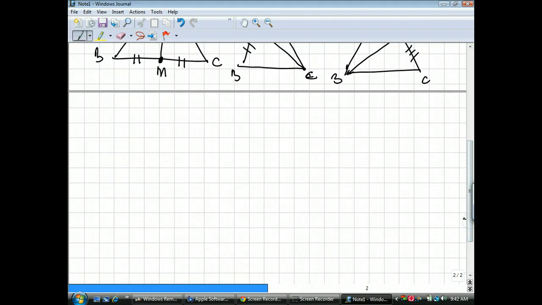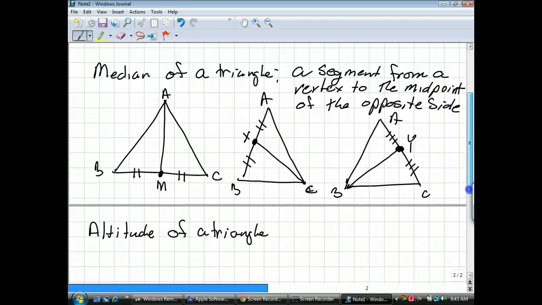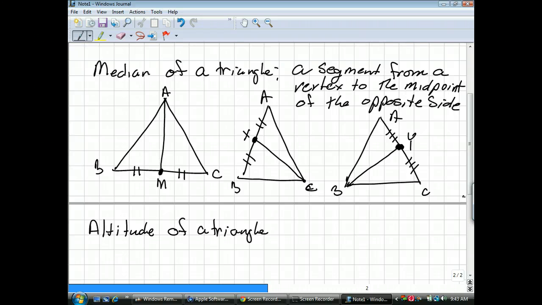Okay. Then the next definition is the altitude of a triangle. And by the way, going back to median, it doesn't matter what kind of triangle you have, whether it's acute, obtuse, or right, all medians are inside the triangle.